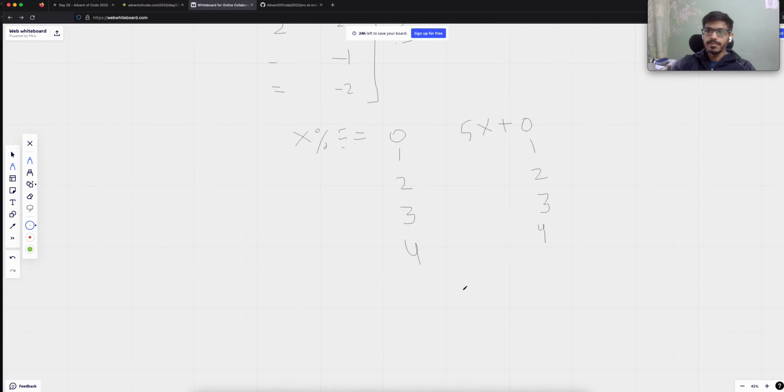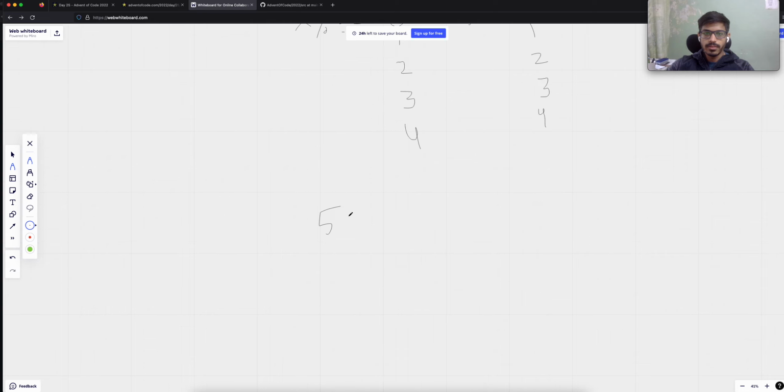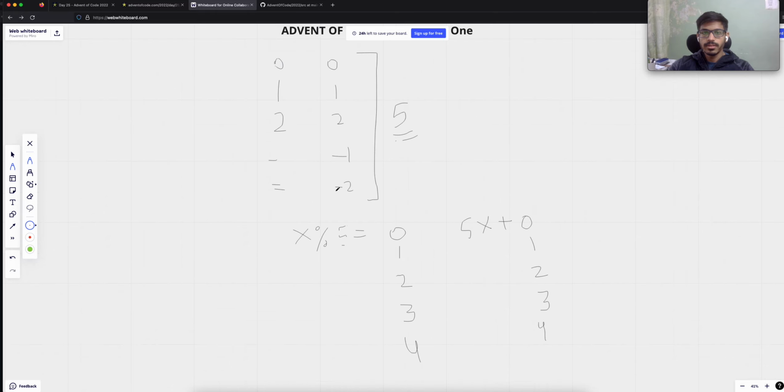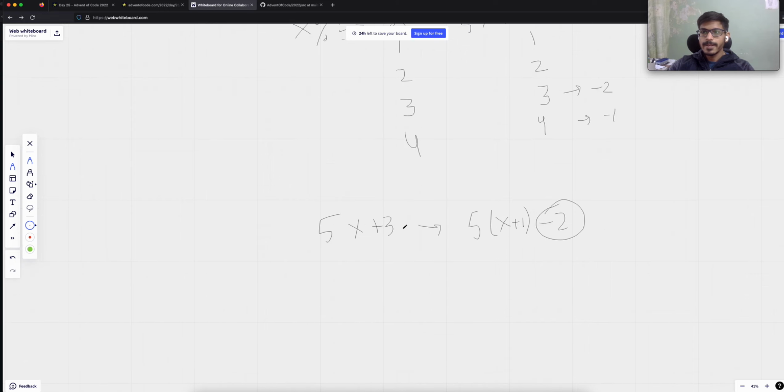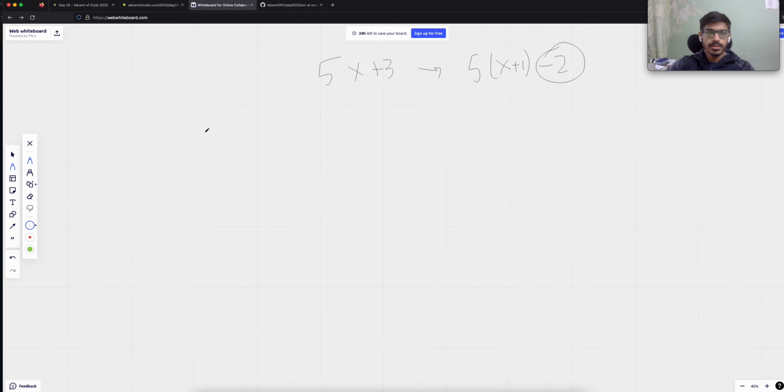And if you further think, this 5x plus 3 can also be written as 5 times the next multiple, x plus 1, minus 2, and this minus 2 is something which is given to us. So this can also be written as 5x plus 1 minus 2, and this can be written as 5x plus minus 1. Let us also see this with some examples.